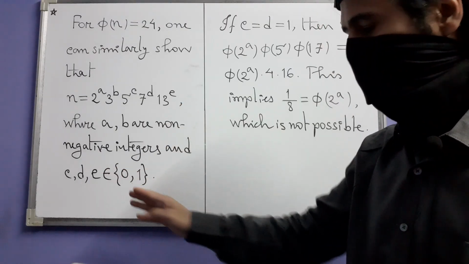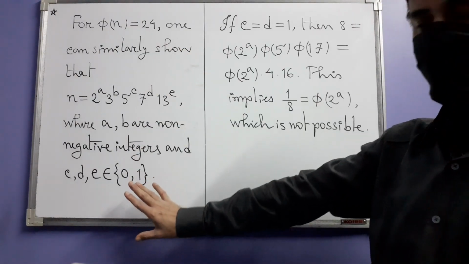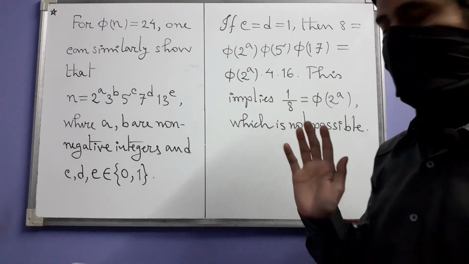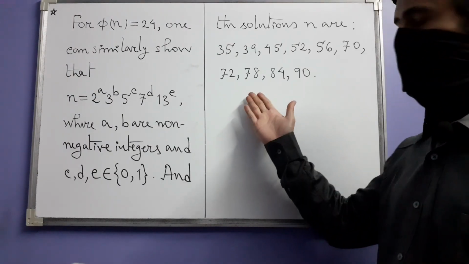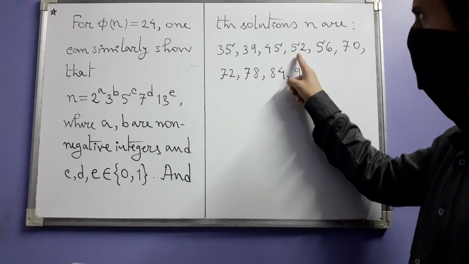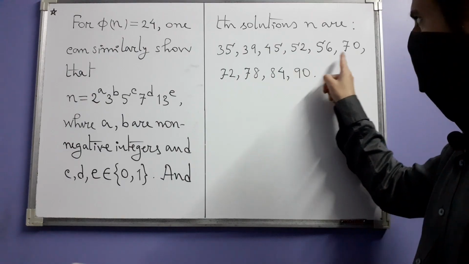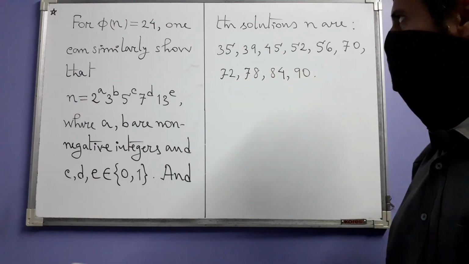That is, each one of them is either 0 or 1. And so this part is left to you, and let me give you what the n values are that you will finally get. These are the solutions: 35, 39, 45, 52, 56, 70, 72, 78, 84 and 90.